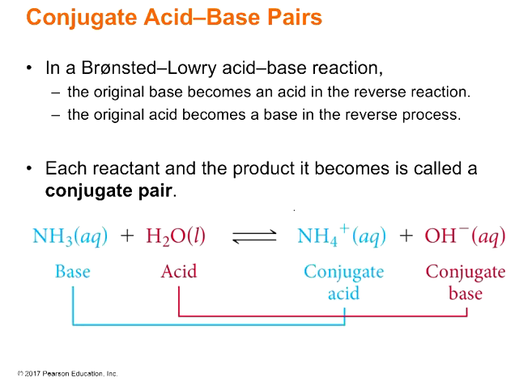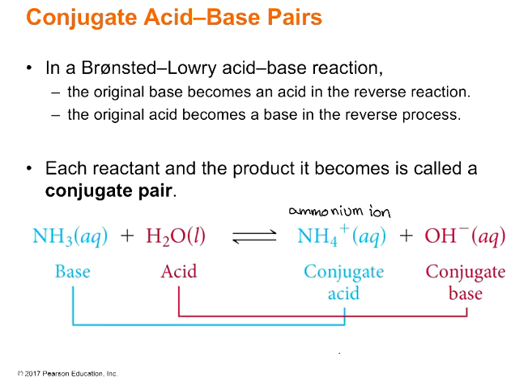All right, so let's look at that reaction between ammonia and water because that was a reversible reaction. So initially we had ammonia, NH3, which was our base, and water was acting as an acid. So if we look at the products, we can see that the ammonium ion has an extra hydrogen.